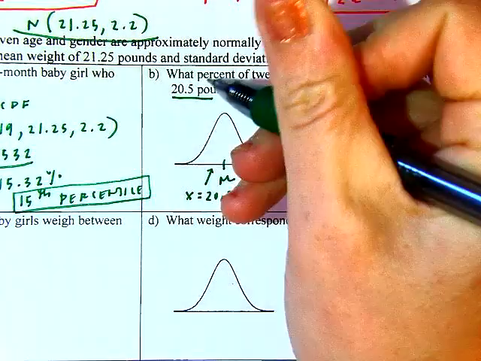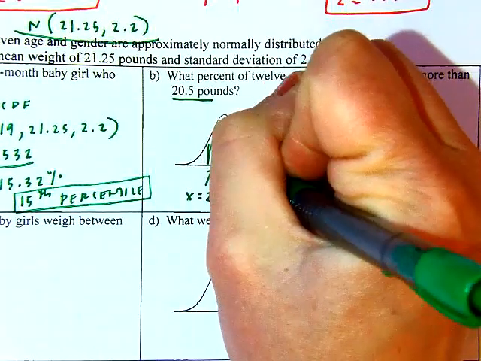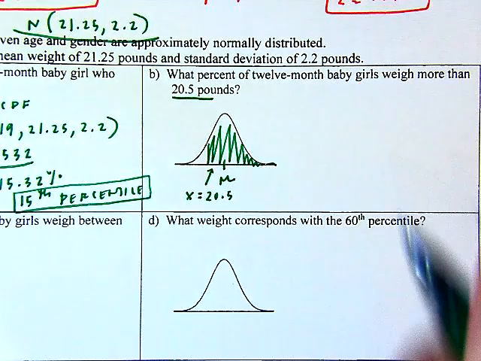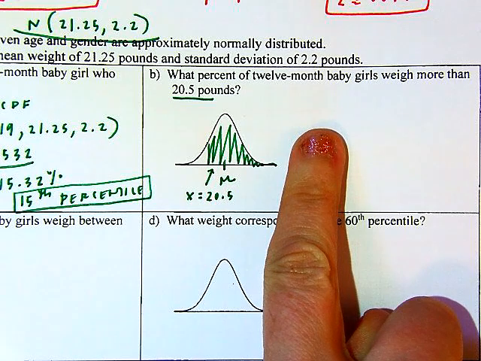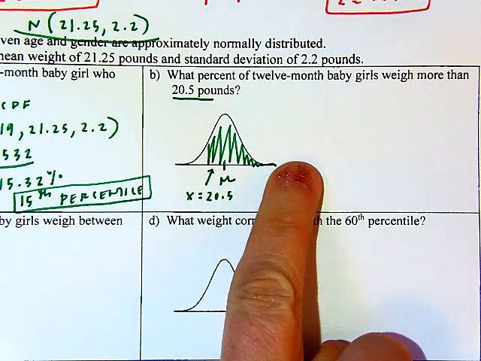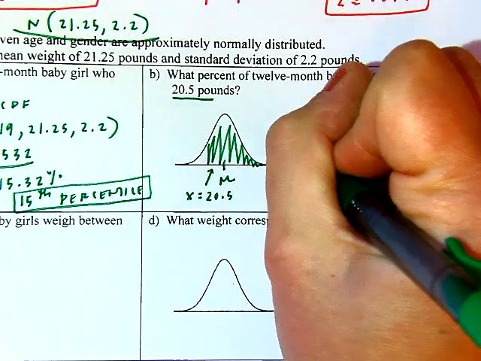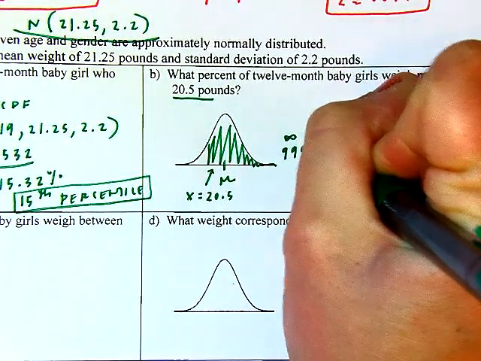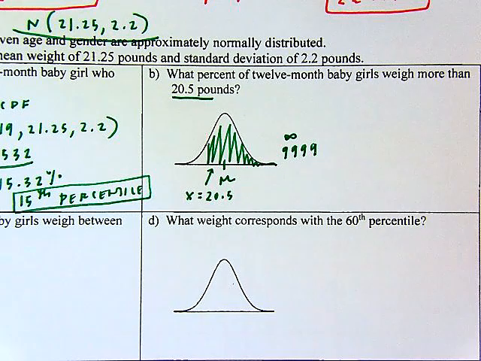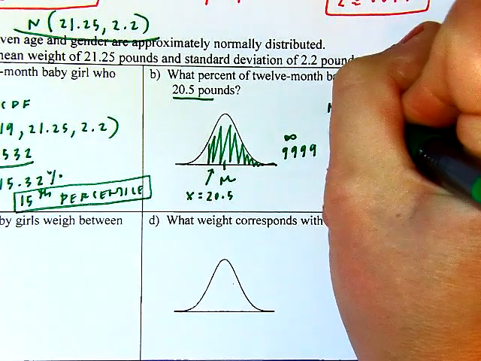And we're looking at more than that. So again, I'm trying to capture the area, the proportion that's above this marker. Upper tail, here's positive infinity, but my placeholder, again, I'm just picking something that is really big. So 9,999, and then I'm saying normal CDF.